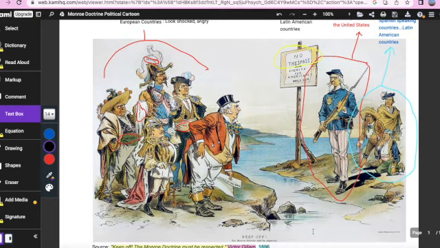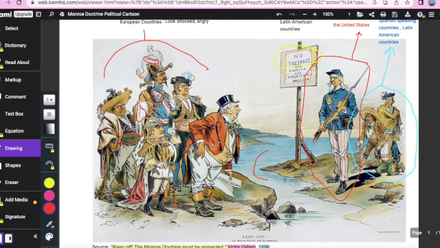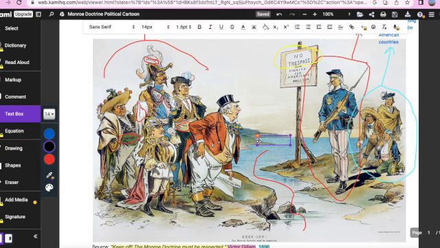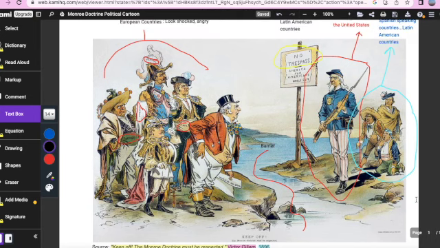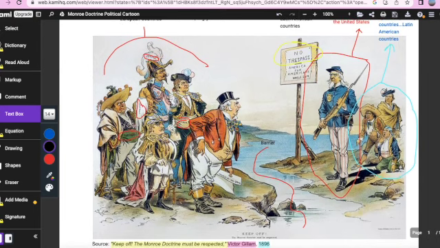We see this water here that's acting as like a barrier. Let me get a drawing. Water here is acting like a barrier. Right? So it's like a dividing line between the countries. And then, of course, we have keep off down here, which is the name.